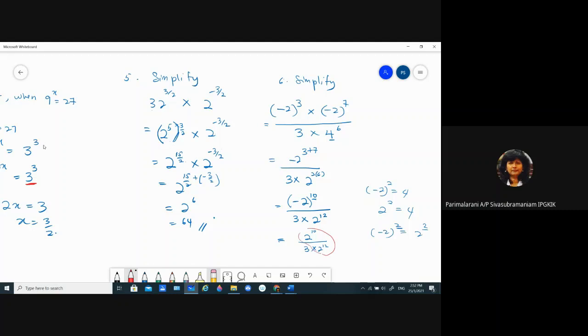How do we solve these two? Minus, yes. What minus what? It's easier for us to write it like this: 1 over 3 times 2 to the power of 10 over 2 to the power of 12. This is 1 over 3 times 2 to the power of 10 minus 12.